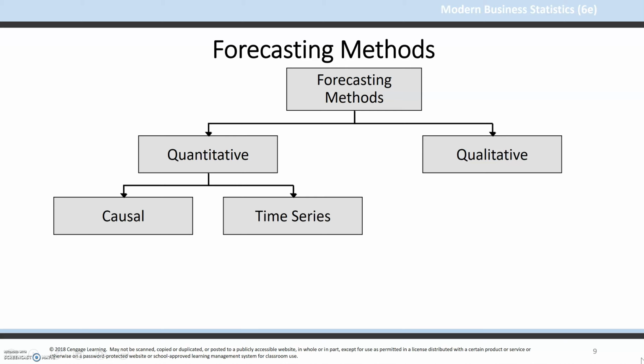So when they break it down, we talked about the qualitative. Again, there's not really much stats we can run off of that. That's more judgment. Think of a qualitative forecast as almost going to your doctor, and your doctor is looking at your past history.